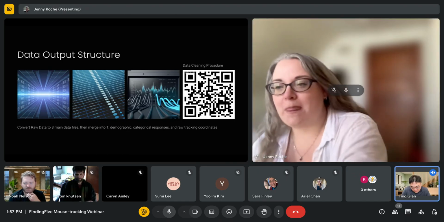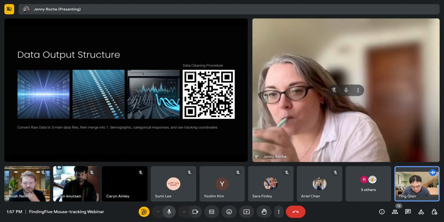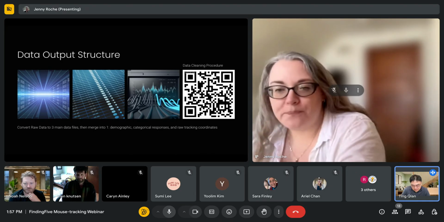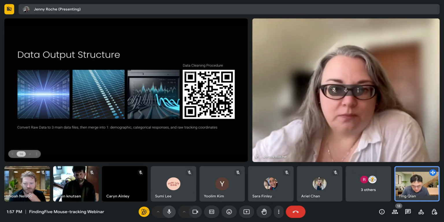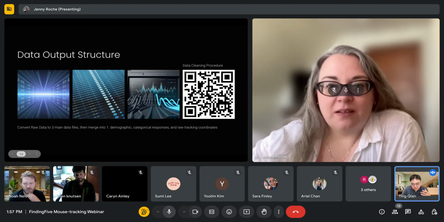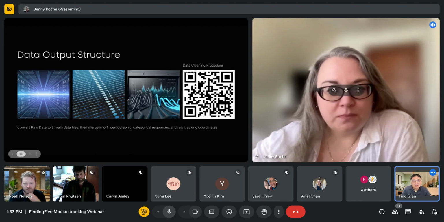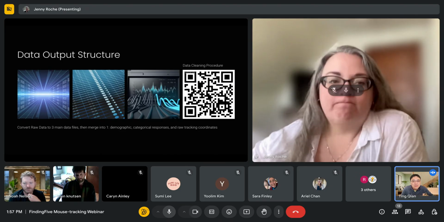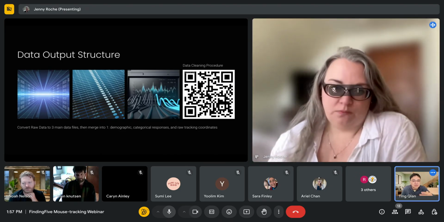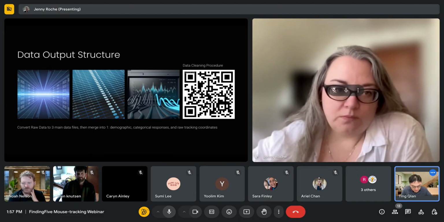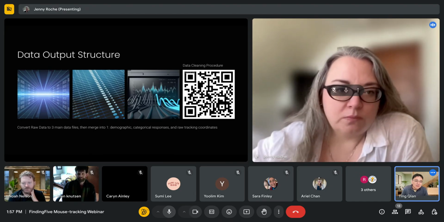Just to piggyback on Stan's comment, there's one point that I only realized thanks to this talk: you want people to start as fast as possible, because only the initial period of moving the mouse reflects the implicit cognitive process, right?